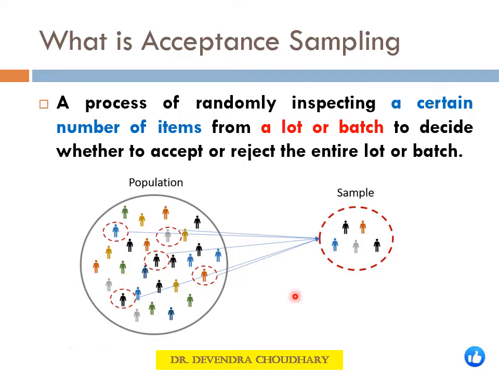So in a nutshell, you can say that in acceptance sampling, based upon sample inspection, we decide to reject or accept the entire lot.